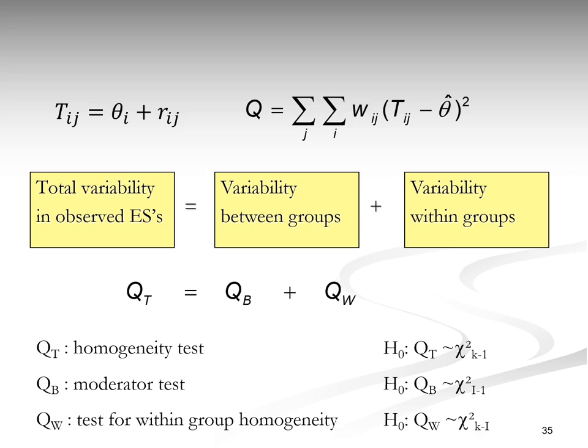The category moderates the effect of the intervention. Within categories, there still can be variability. So it's again a kind of homogeneity test, but it's testing the homogeneity within categories.